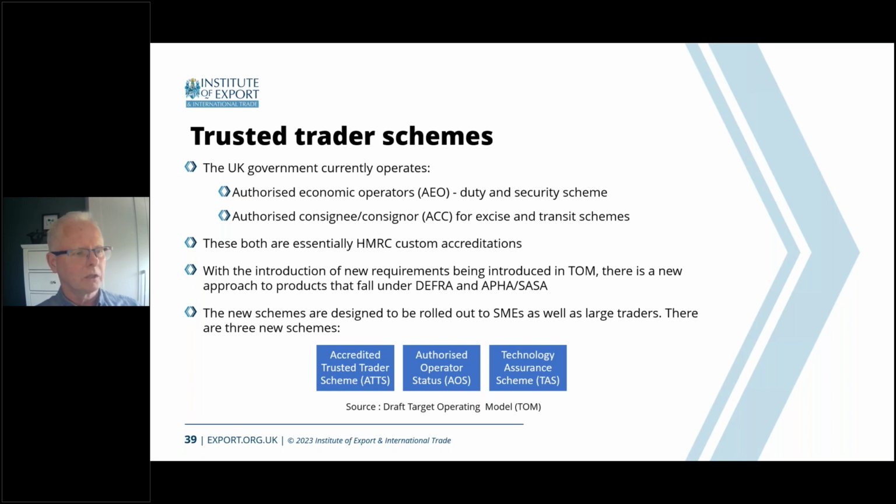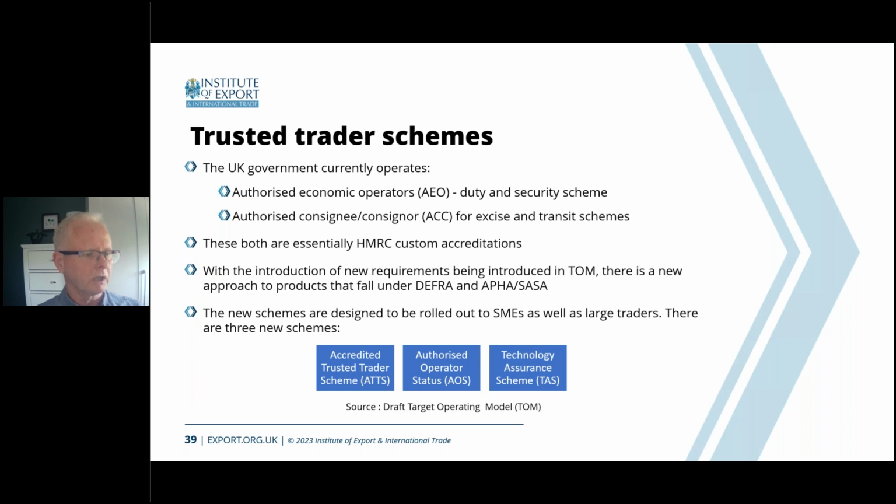The AEO-S will be considered in some of these other trusted trader schemes that we're going to talk about, because of the extra security that's provided for transit. That will be considered for the three schemes that I'm just about to talk about.